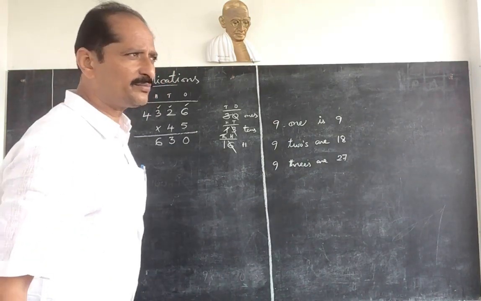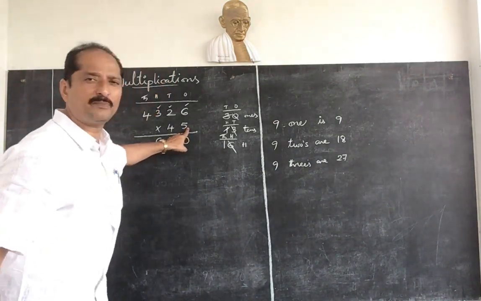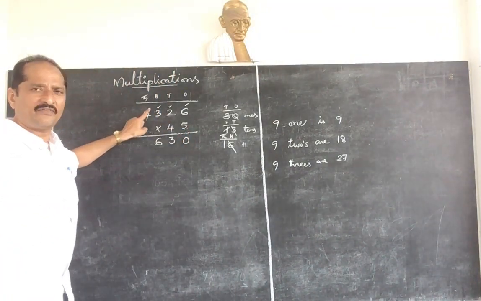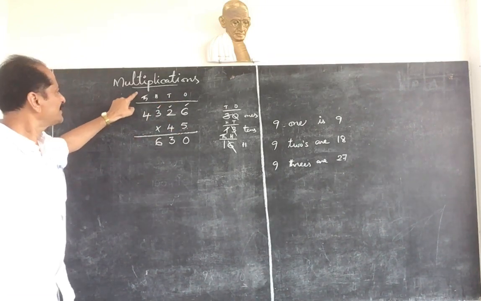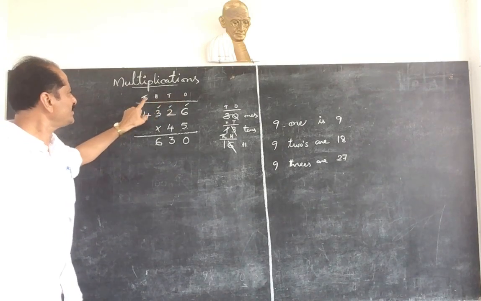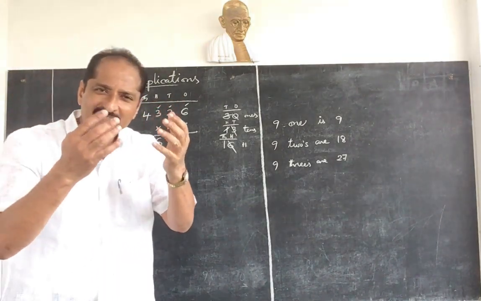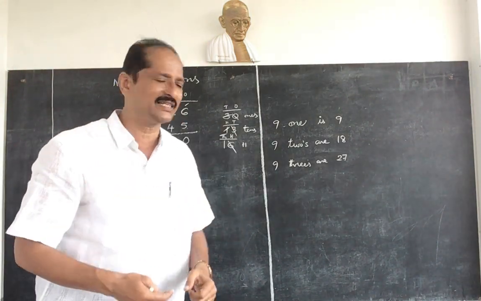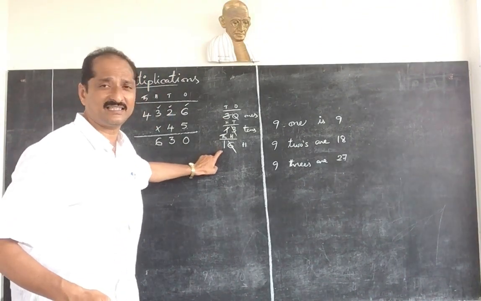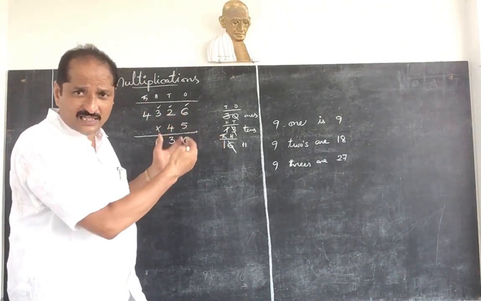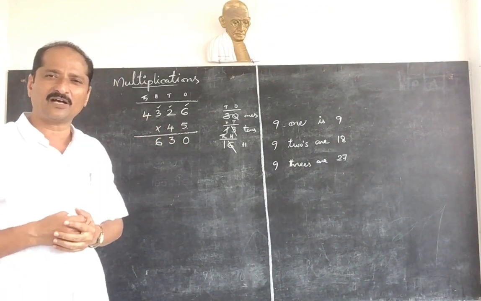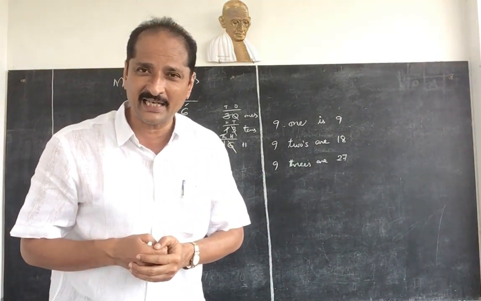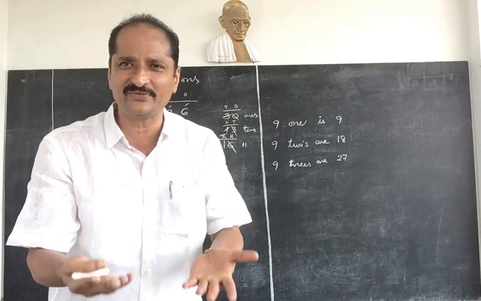Now what do you have to multiply? Now 5 we should multiply with 4. 5 is in which place? Ones place. 4 is in which place? Thousands place. So 1 into 1000. Now we are getting thousands. Already here 1000 is there. But how many thousands are we getting now? 5 fours are 20. So 20 thousands we have got.